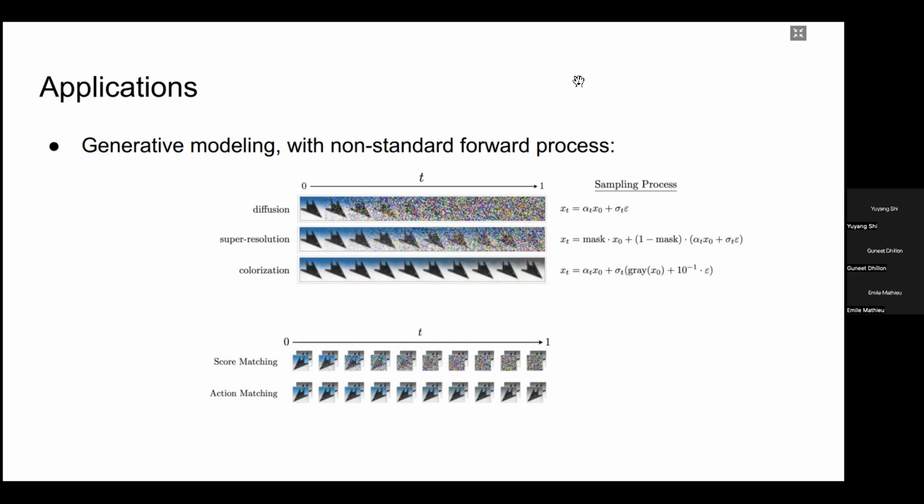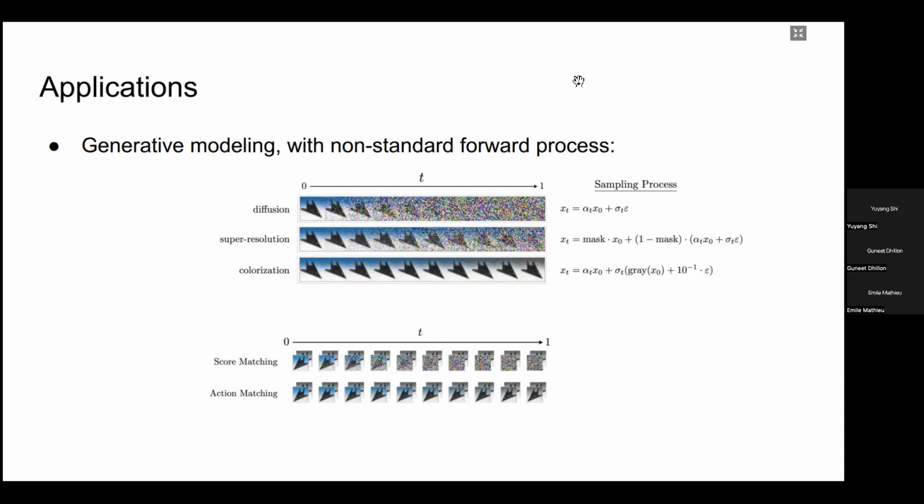Say for 2x resolution, for each pixel you put 3 noise pixels next to it. So basically it's possible to use sampling processes other than the general diffusion. I think it's also possible in a diffusion framework to do something similar, but let's go with these for now.